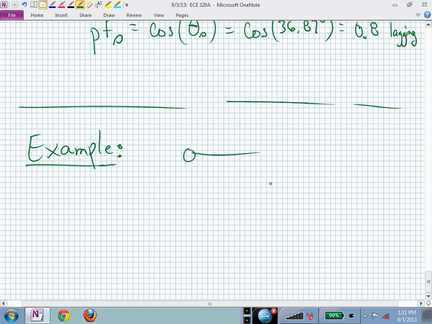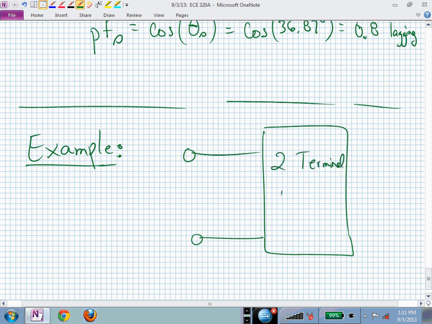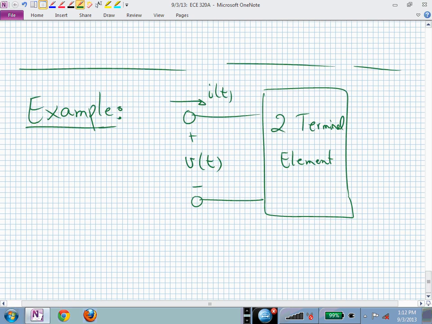But let's say that we have a two-terminal element. And suppose that this is my voltage V, and this is now my current. And actually, I'm going to work this with time domain expression. So let me just call that little v of t.